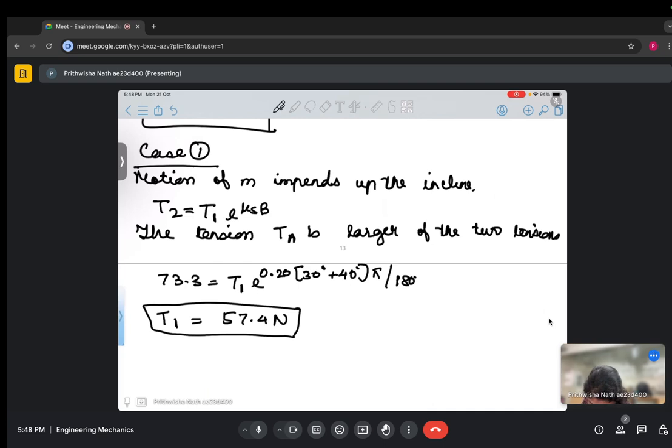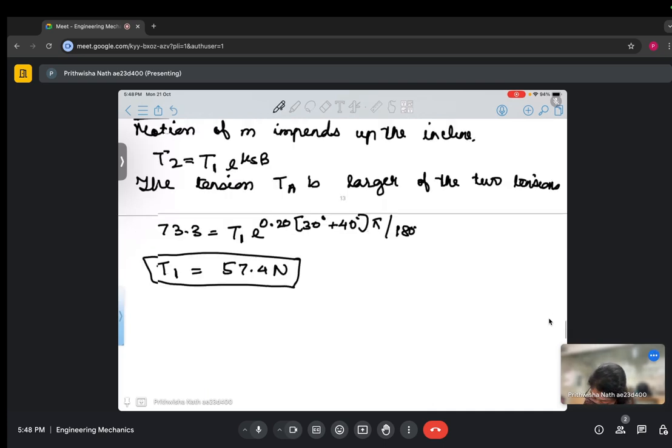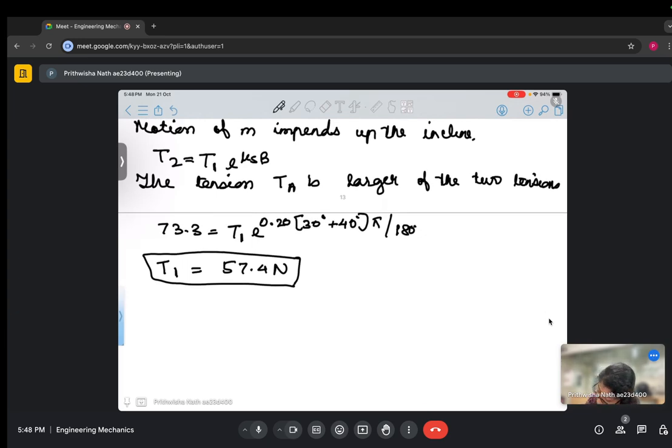Now from the free body diagram of the block, let me draw the free body diagram of the block. If the motion is impending upwards, the friction force should act in the downward direction, in the opposite direction.